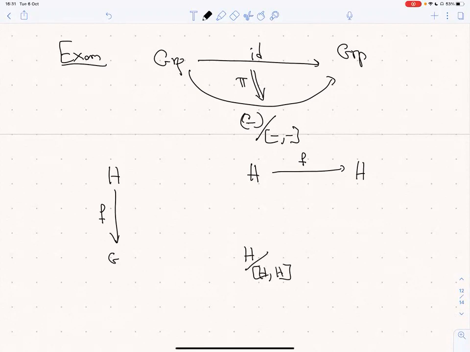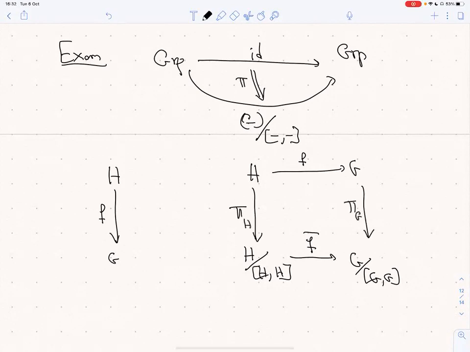Here, that's the mistake, this should be G. Here you get G over the commutator. Here you get F bar, and here you precisely have the quotient map, the quotient by the commutator, which makes this diagram commute by the definition of F bar. So these are very natural examples of natural transformations. That's why people call them natural transformations, in fact.